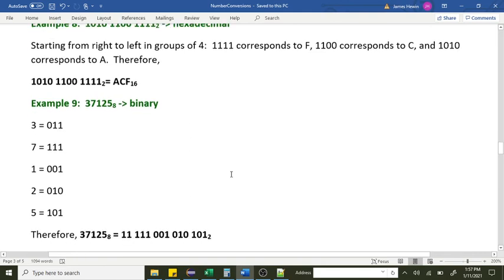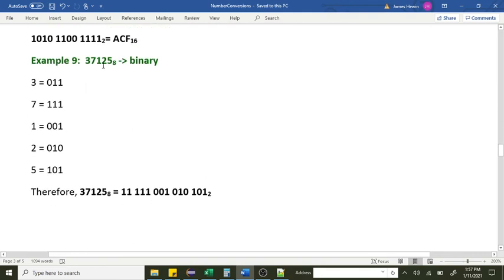So let's look at example 9. This is an octal number, and at this point we just read off: 3 is 011, 7 is 111, 1 is 001, 2 is 010, 5 is 101. We write it out just like that, and I left off the leading 0 here. So this would be 11, 111, 001, 010, 101.